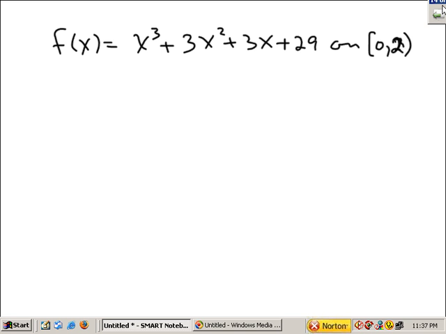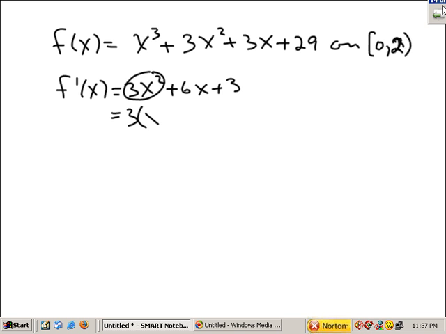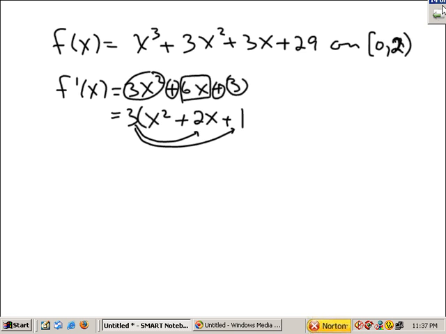So now we take the derivative. f prime of x is 3x squared plus 6x plus 3. I can factor out a 3. When I pull out a 3, I have x squared plus 2x, because 3 times 2x is 6x, plus 1, because 3 times 1 is 3, just like it should be.